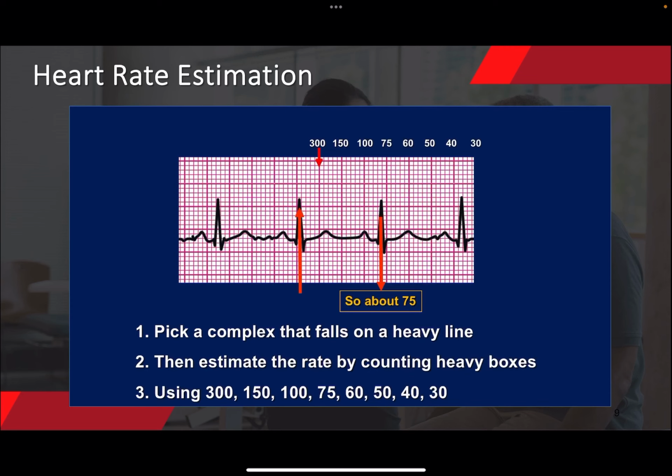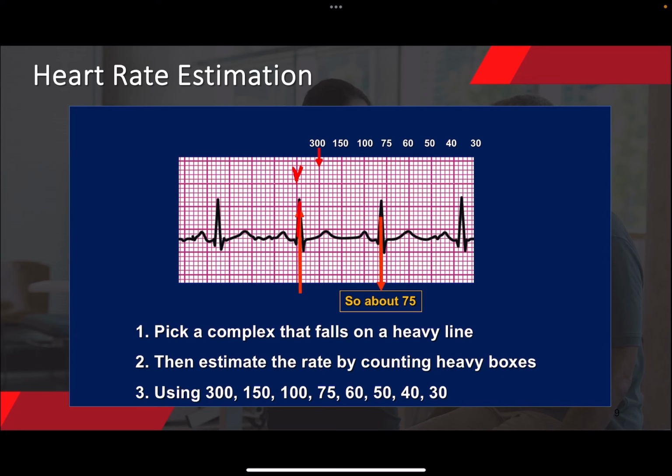So you can reference with this picture the normal measurement of each wave there. Okay, most ECGs put the heart rate of the patient, but just in case you get an ECG strip without a heart rate on it, this is a quick way to estimate the heart rate of a patient. You need to pick a complex that falls on a heavy line. So this complex here falls on this heavy line.